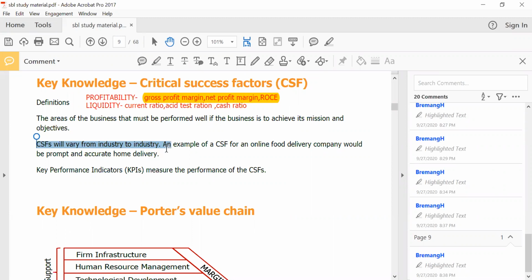An individual or a student who wants to get 68% in strategic business leader, you know whatever the student will do. A student who wants to obtain, let's say, 75%, you actually know how the student will also study, right? So critical success factors vary from industry to industry, firm to firm, and even individual to individual, depending on what the person is looking for in life. An example of a critical success factor for an online food delivery company would be prompt and accurate home delivery.